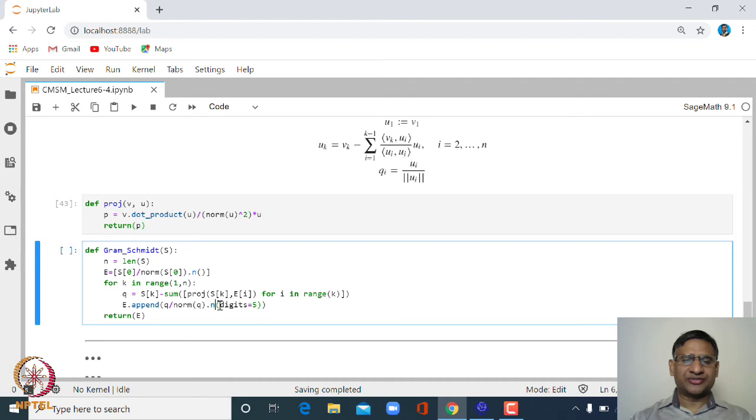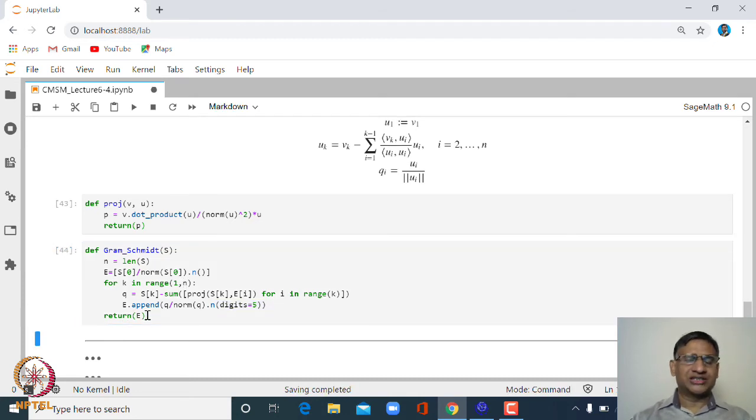And here I am just saying to display only 5 digits, because this is going to convert into float, and then return E. So that is a very simple user defined function for the Gram-Schmidt process. And of course, if you want to extend this to an arbitrary inner product space, you may include the inner product with respect to which this orthogonal projection has to be taken. So that is quite easy.